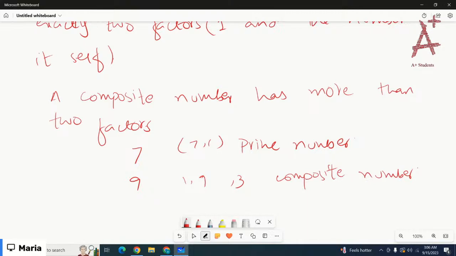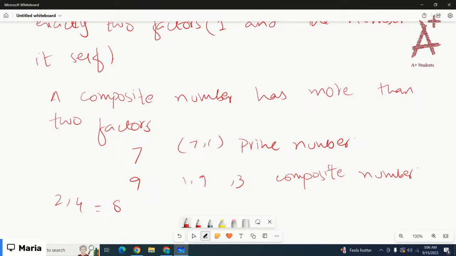Factor means two numbers that when multiplied make a specific number, right? That means 2 times 4 makes 8, so 2 and 4 are the factors of 8. I've already explained the prime number and the composite number. Can you hear me? Prime numbers are the numbers that have exactly two factors. Factor means when you multiply two numbers, you get a specific number, like 2 times 4 is 8.